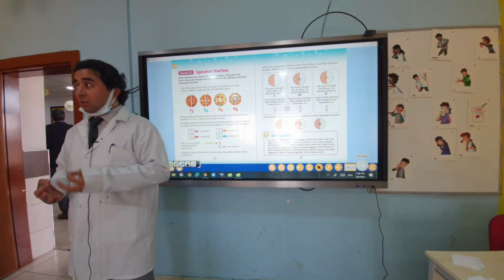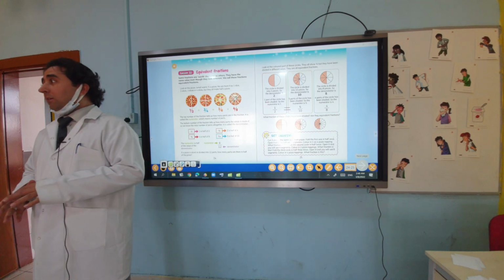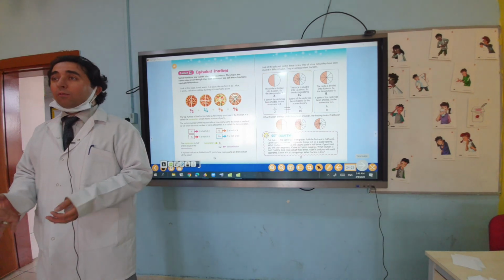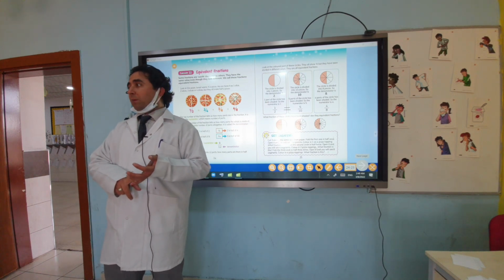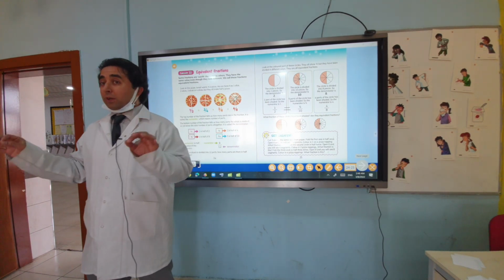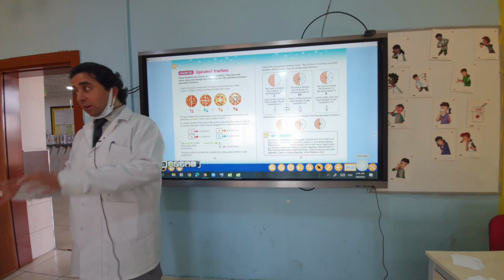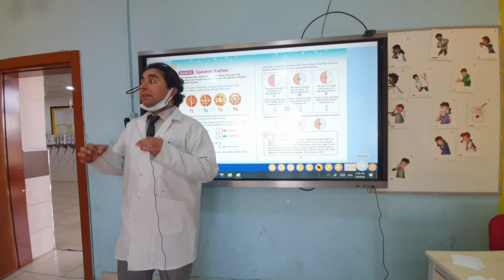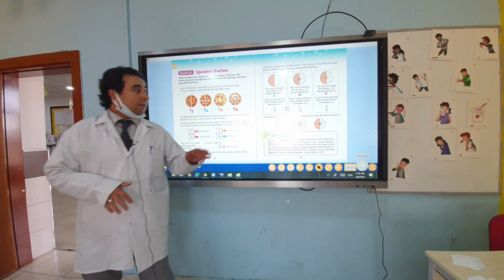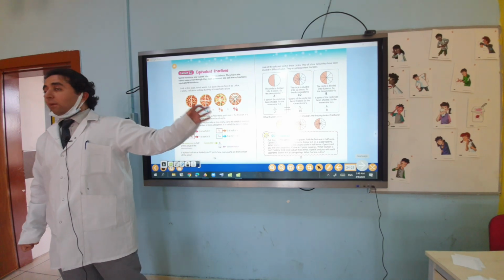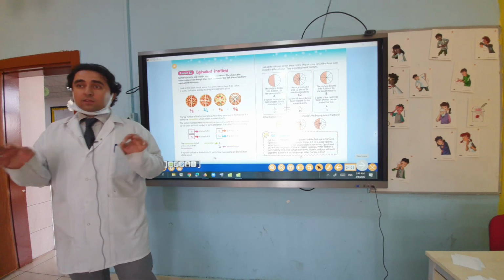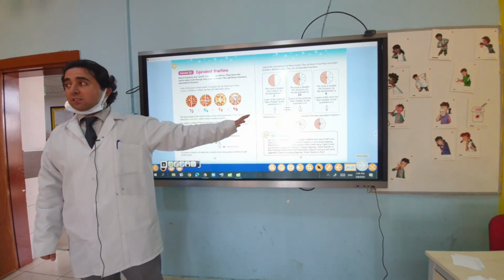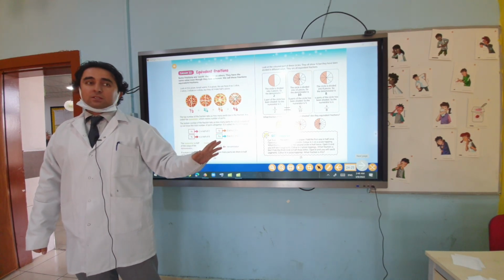But fraction is another representation of things. Then you have seen this topic in first grade with shapes, in second grade with shapes, and now in third grade we are showing the proof of the fractions with numbers.